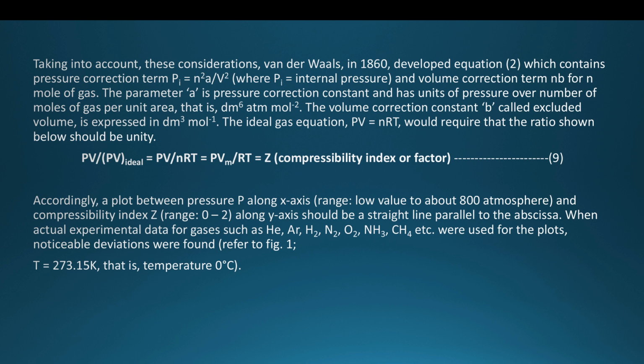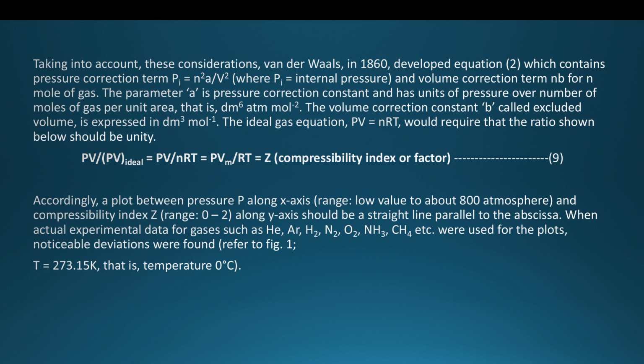The parameter a is pressure correction constant and has units of pressure over number of moles of gas per unit area, that is liter^6 atmosphere mole^-2.